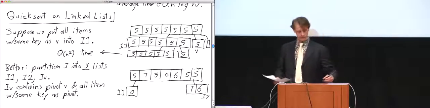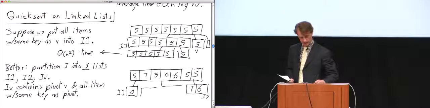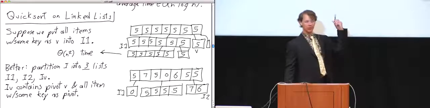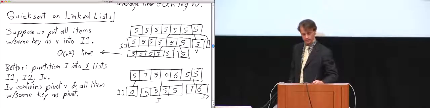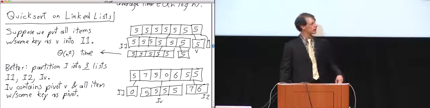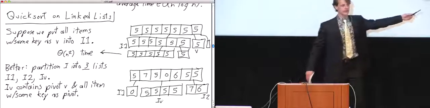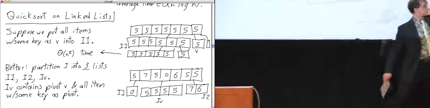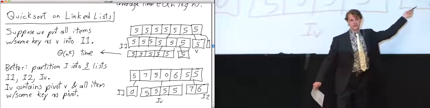But all the keys that are equal to 5 get pulled out into a separate linked list. They're already in sorted order, so we do not have to recursively call quicksort on IV. We're done with that, and now we can do the rest of the sorting really fast because there's not much sorting left to do.